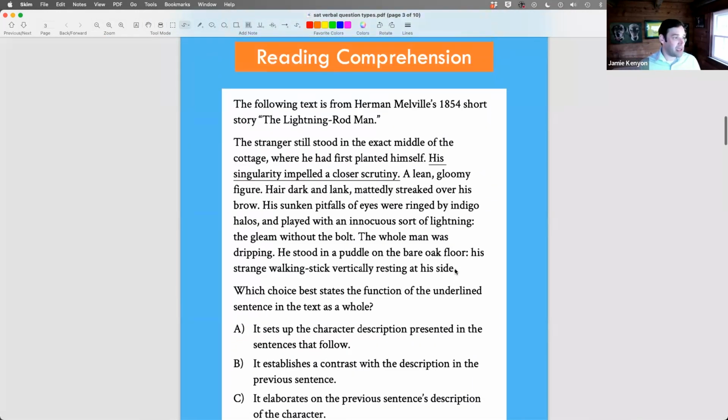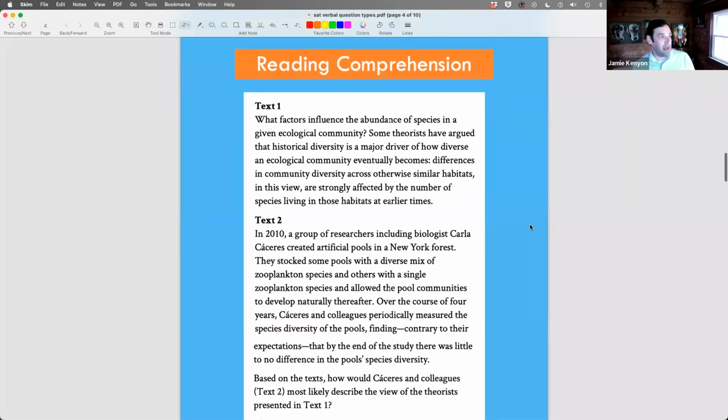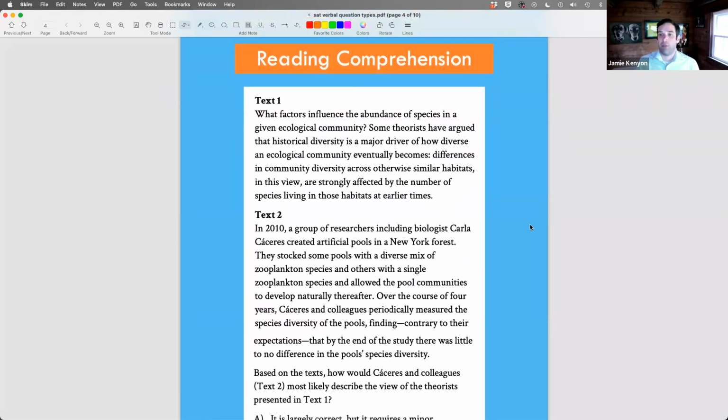Next one was asking about the function of one sentence within a paragraph. Also a very popular question stem. And then the last one was this comparison passage setup where they ask how one passage would respond to the other. Not that many of these. It seems like each test has about one of these. So if you hate doing the comparison passages, you don't have to be terrified of this.